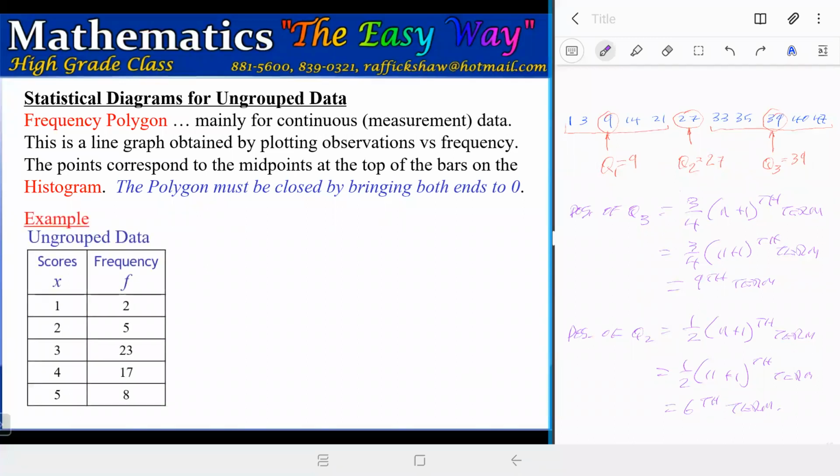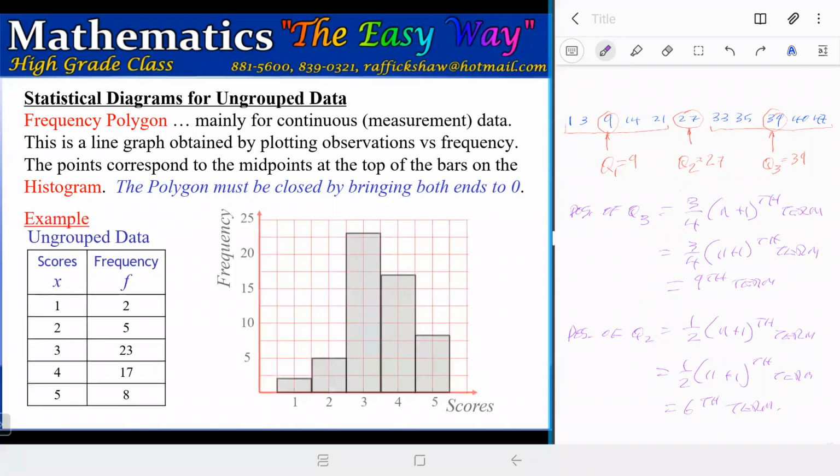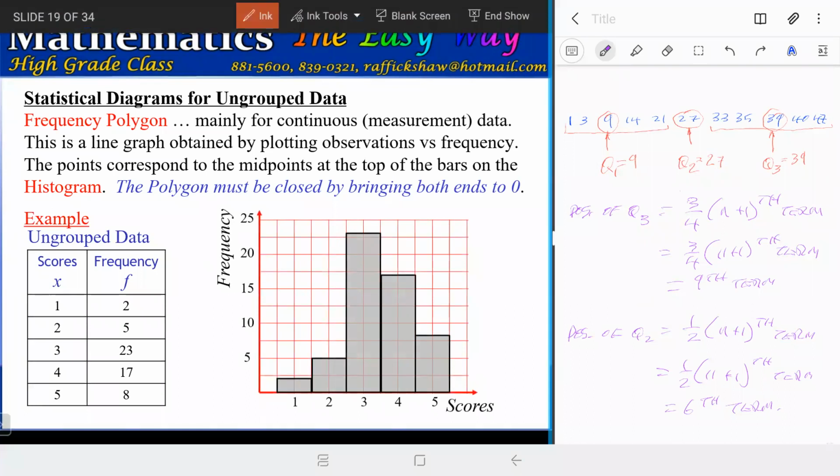So we have this table. We're going to draw a frequency polygon. If you start out with the histogram, you will find that the point at the top of this bar is like the coordinates 1, 2. The top of this bar is the coordinates 2, 5. The top of the third bar in the histogram is 3, 23.